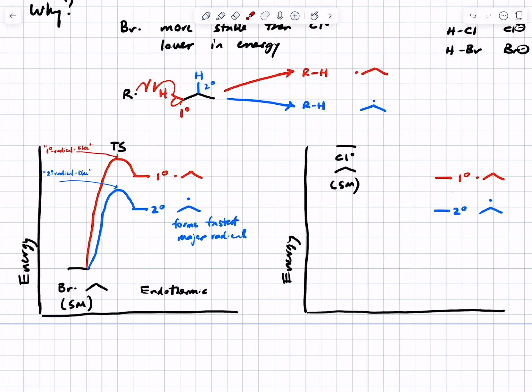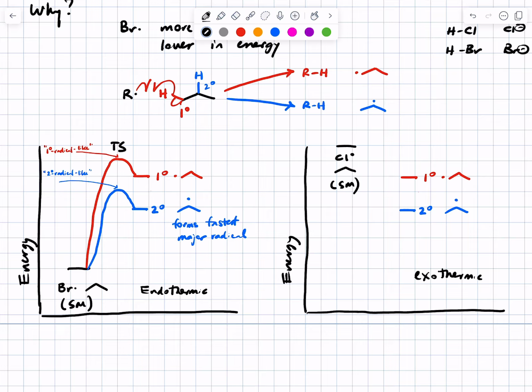This big energy difference is driven just because of the stability of chlorine. Here, because the reaction is exothermic, the transition state is going to be closer in energy to the chlorine radical starting materials than it is to the radical products.